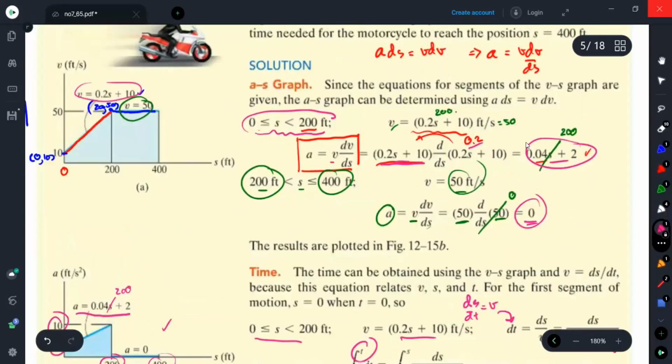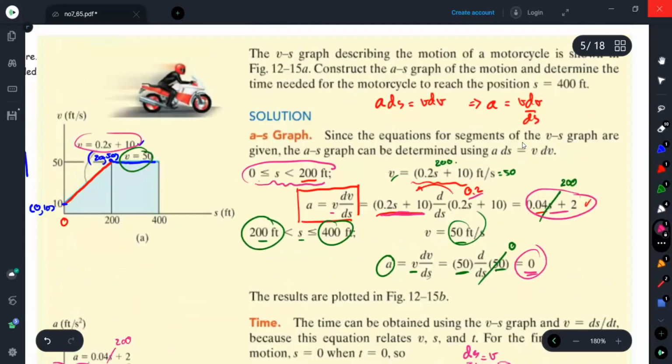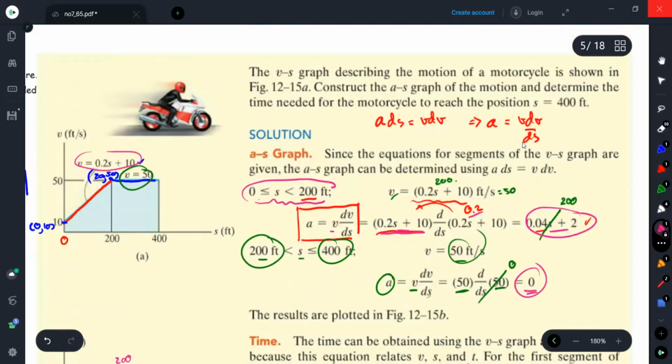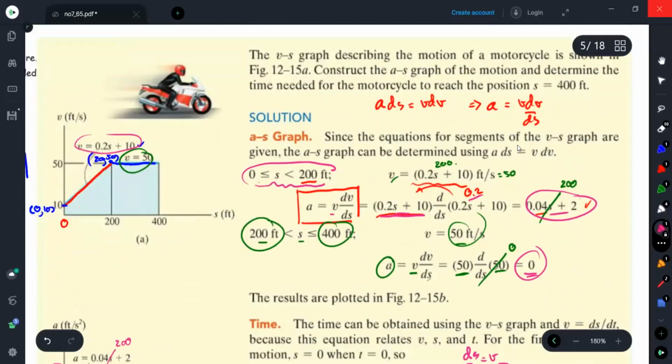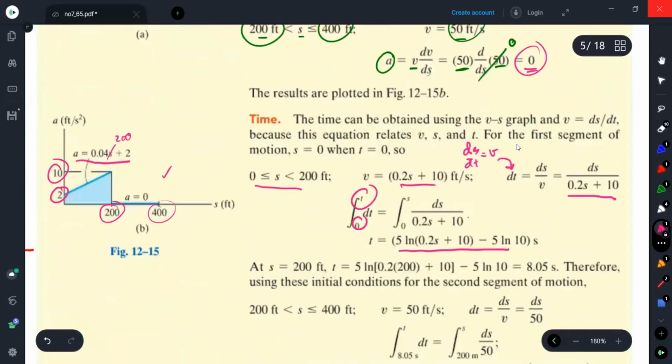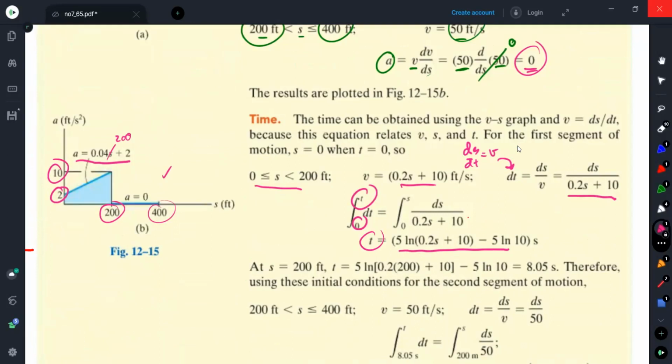For this case, we can integrate this term and we get the time consumed from changing position from s equal to 0 to s equal to s. That is this term.